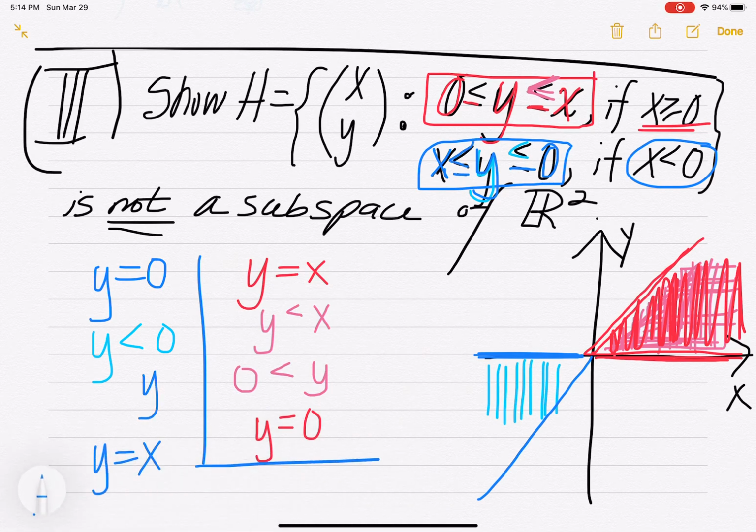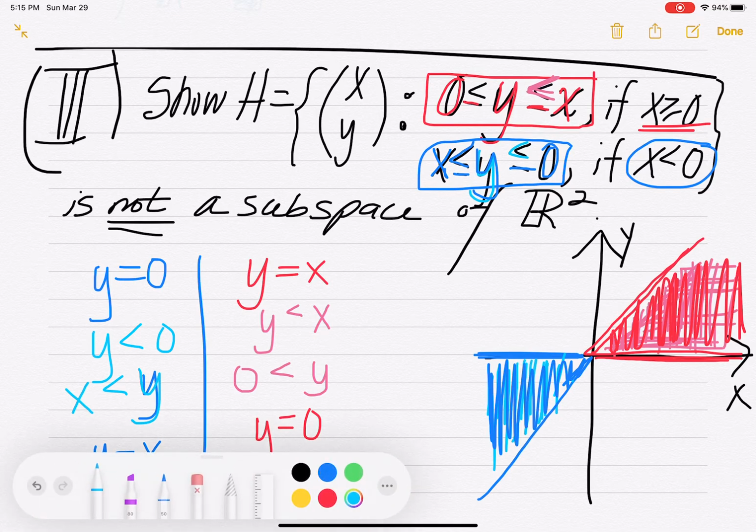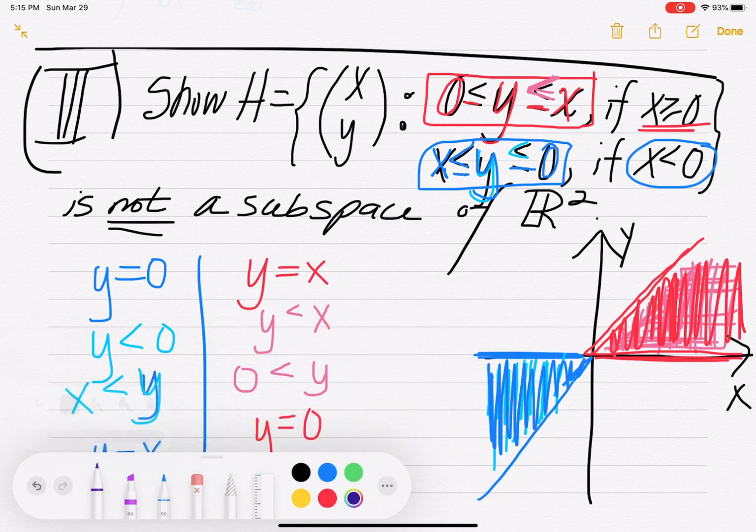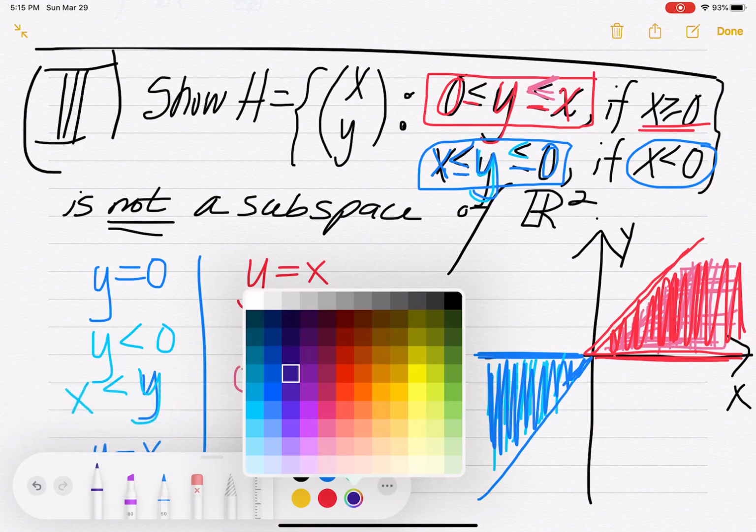So here's y equals x, that diagonal line. Y is greater than x would be up here above. So we're shading in between y equals 0 and y equals x. So we're talking about this region. Our H consists of these two regions collectively, union together. So let me go ahead and put it all in purple. Be fantastic if this worked.